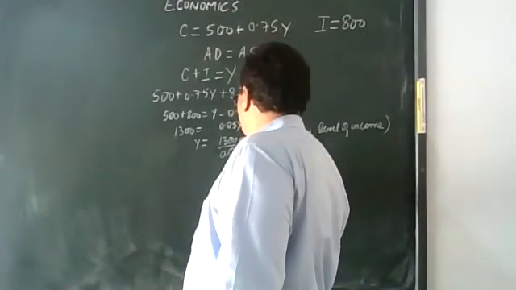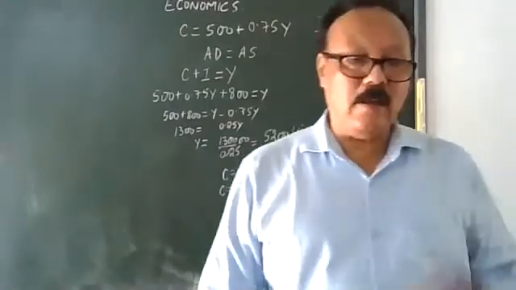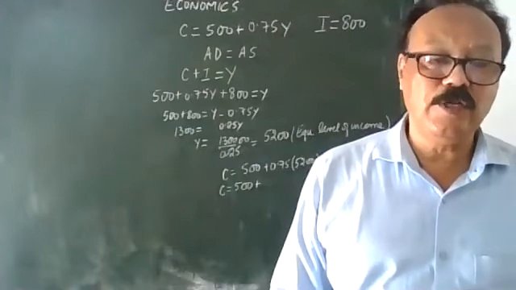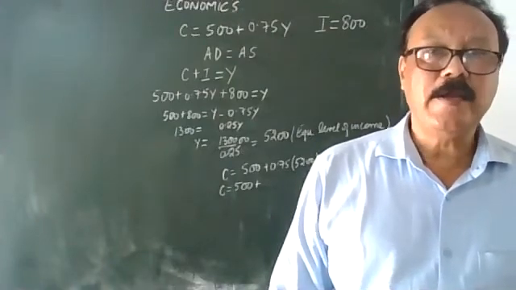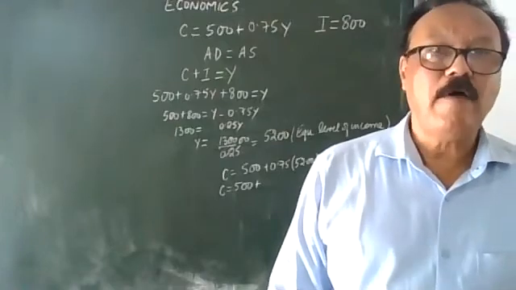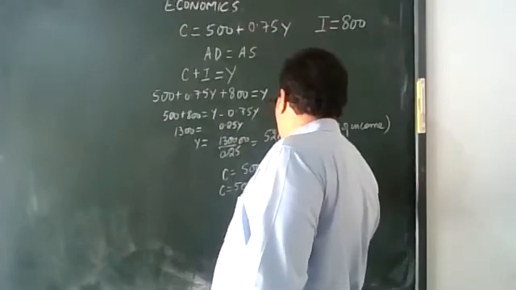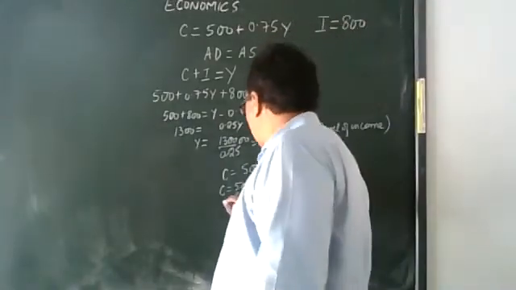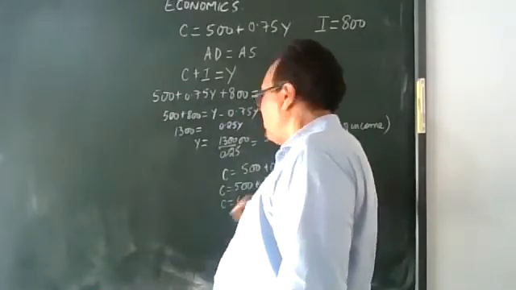C is equal to 500 plus 0.75 into 5200. 0.75 into 5200 gives 3900, and so C's value is 4400.